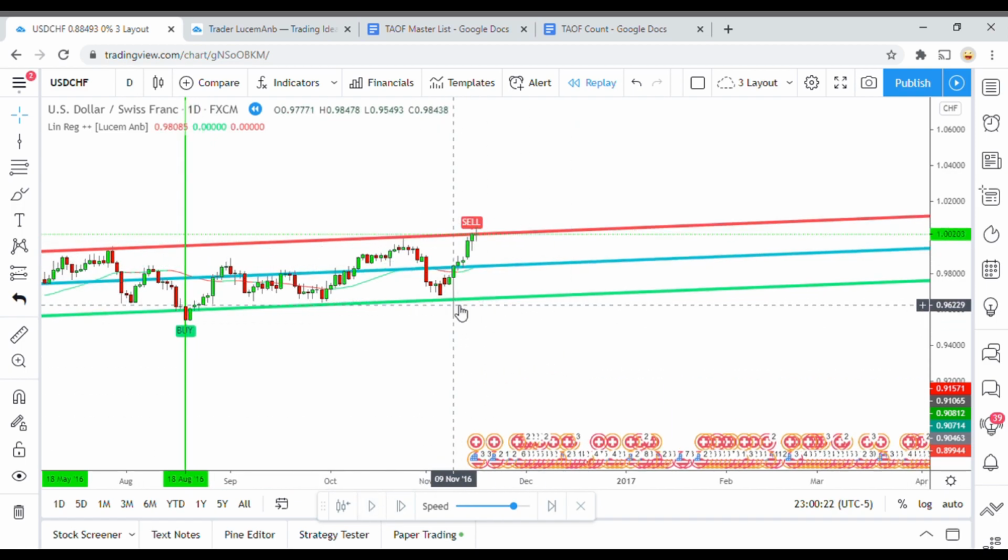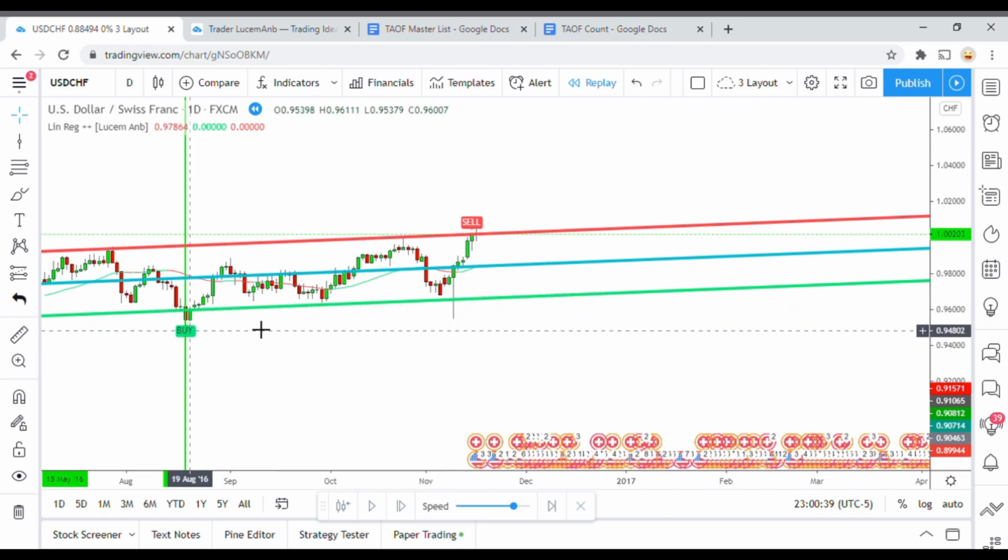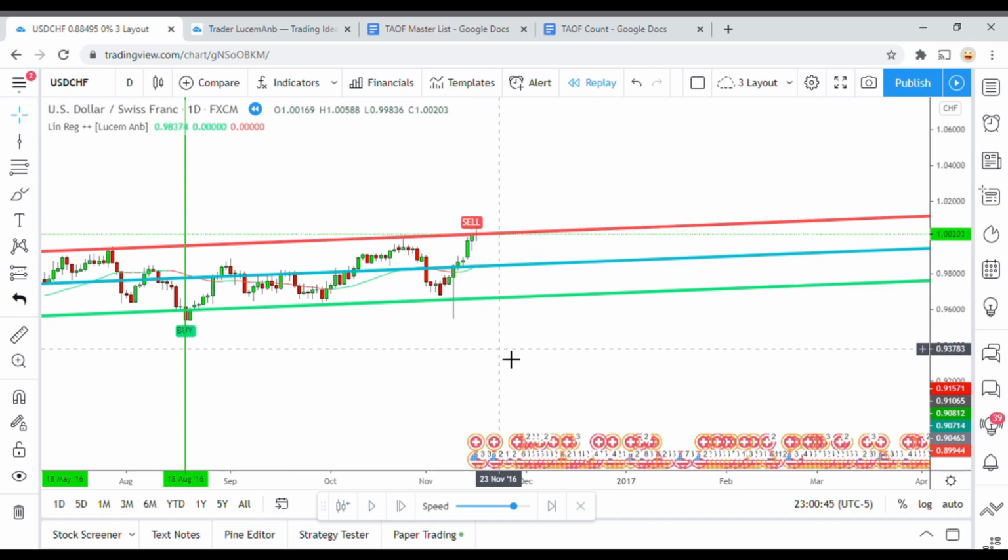And so you can see that it doesn't always give you a signal as price pierces. I think maybe the price action has to actually close with the body touching it, possibly.